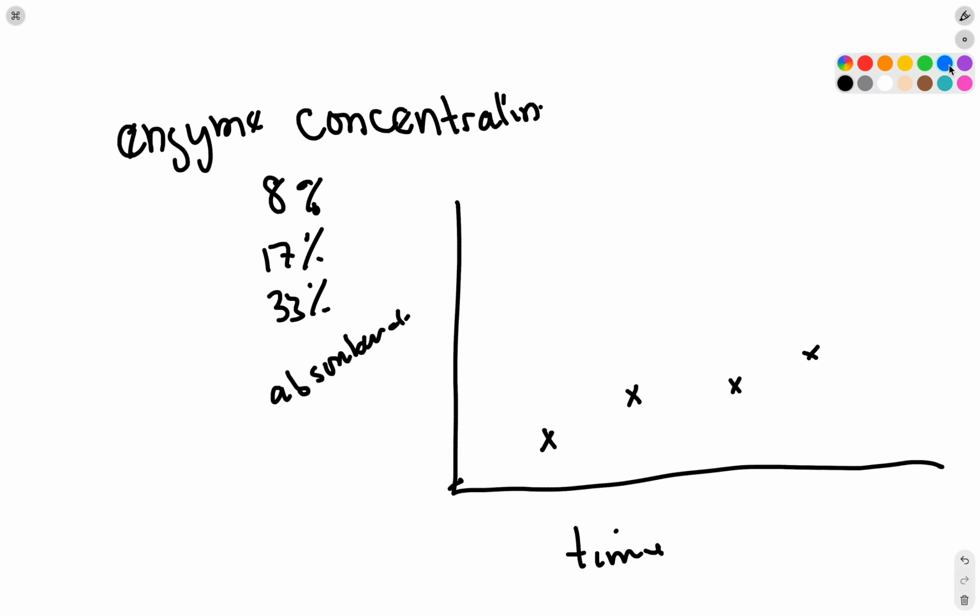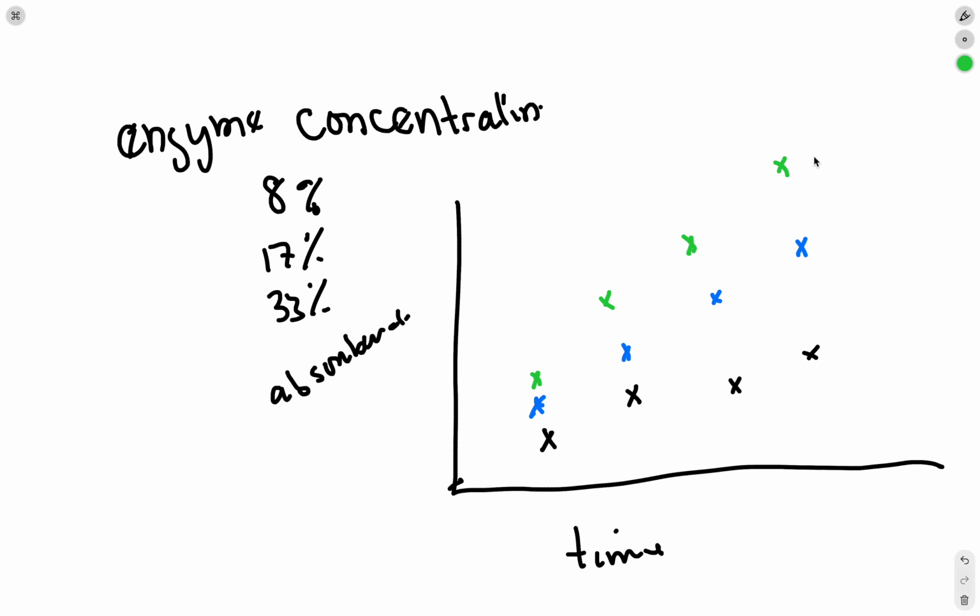And then we collected data for the 17%, and let's say that we got data here, and here, and here, and here. Then let's say we collected data, and we got data for 33%, and we got data that went up like that.